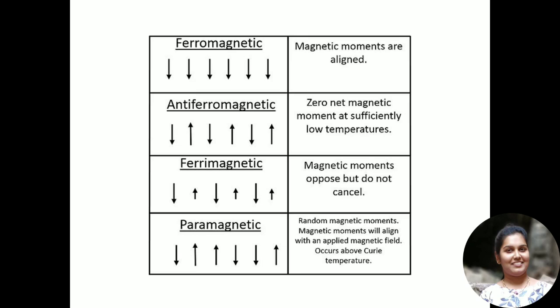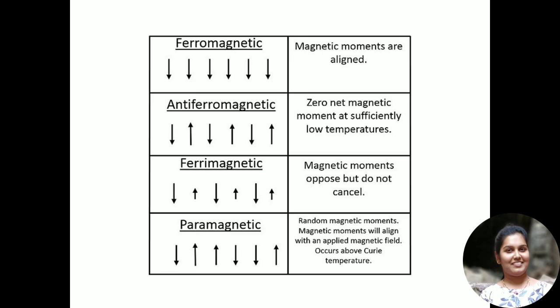And next, coming to paramagnetism, you can see that the alignment is of a random kind, like you see some arrows upward and some arrows downward, and the alignment is in random fashion. Random magnetic moments can be seen in paramagnetism, and the magnetic moments will align with the applied magnetic field above the Curie temperature.